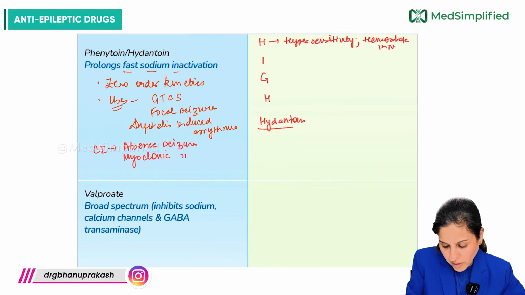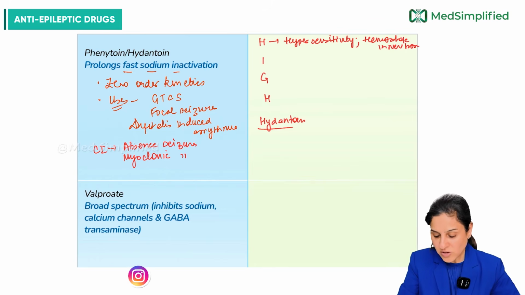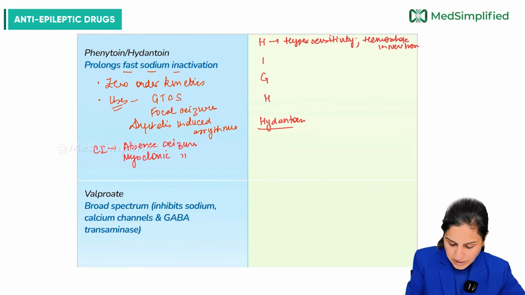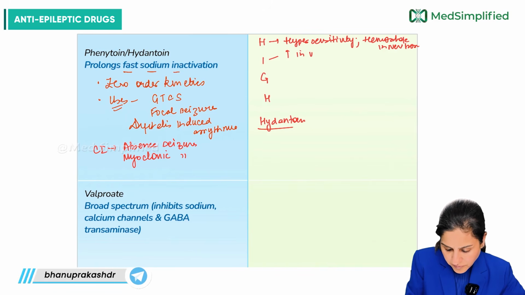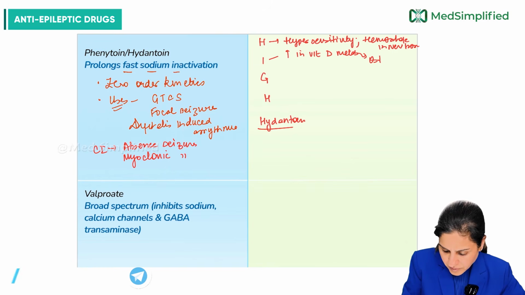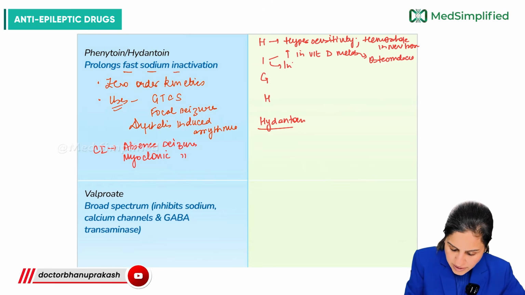Hemorrhage in newborns, therefore you need to give vitamin K injection. So there's a risk of hemorrhage in the newborns. I stands for increase in the vitamin D metabolism. Because of this, there can be osteomalacia.